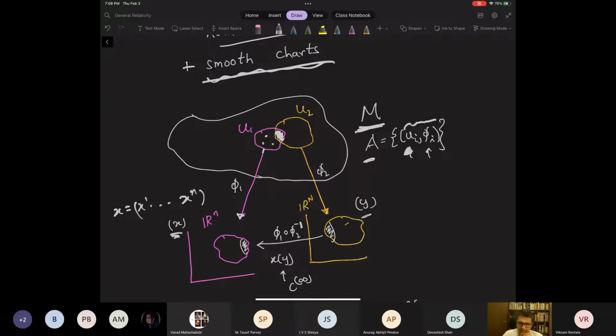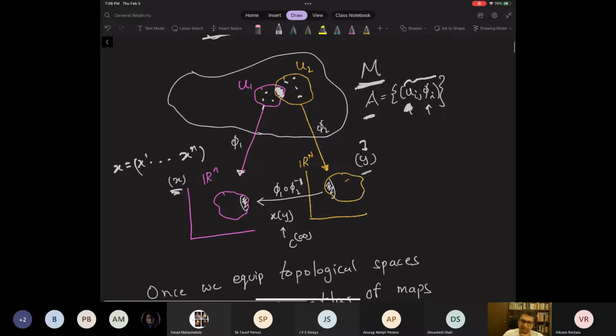Similarly, any point in this region of U2 will be labeled by a coordinate y. There are maps that take you from the points on the manifold, which are an abstraction, to coordinates. The points exist independent of the coordinates you assign to them. To go from the point to a particular coordinate choice, I use the function phi1, and similarly I can use phi2 if the point P belongs to this open subset. The intersection region maps to some point in this white region and this white region over here.